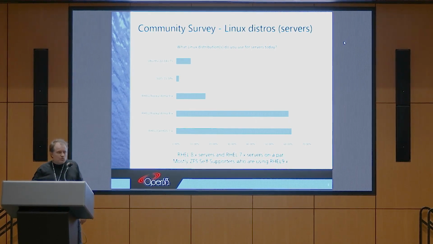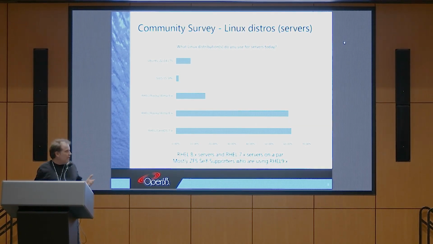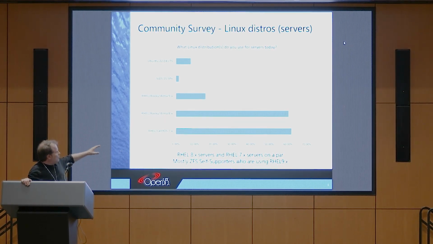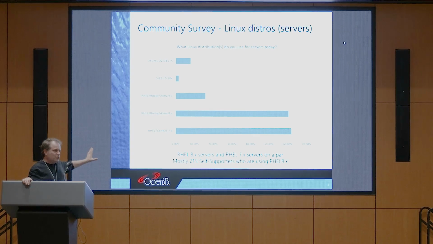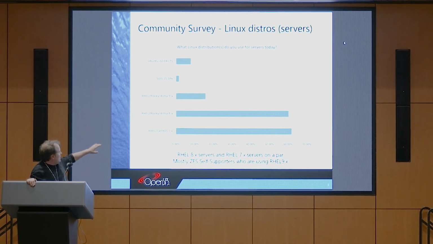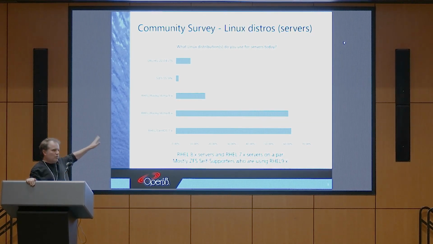Going on to the Linux distro usage. So with the servers, as you'd expect, this is tied in quite closely to the Lustre version. When I say RHEL here, to be clear, it's any RHEL derivative. So probably CentOS in that vintage, and Rocky or Alma could be options in the RHEL 8 vintage.